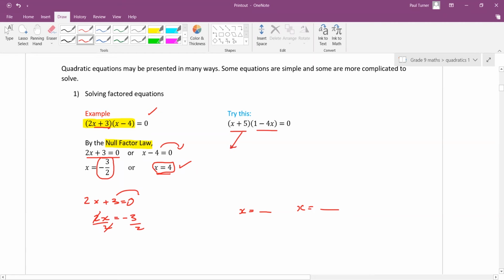Write your first one here and let that equal 0. Do that first, and then do that for the second factor. This is your null factor law here, what we're using. Then just calculate x from those 2 equations there.